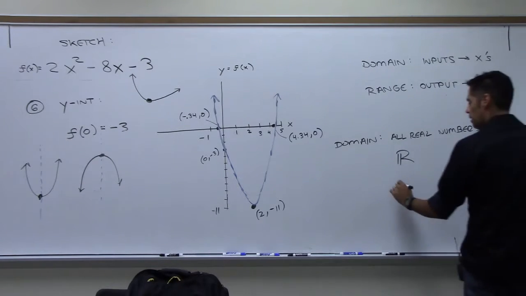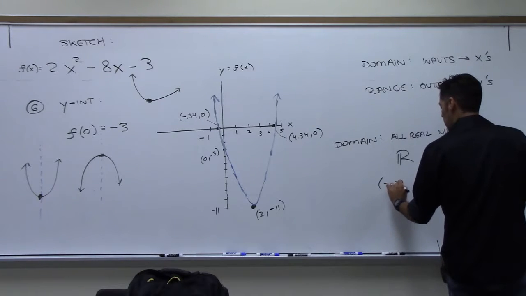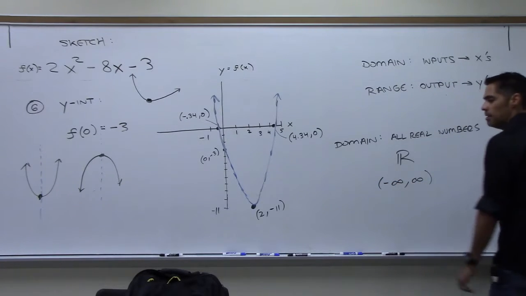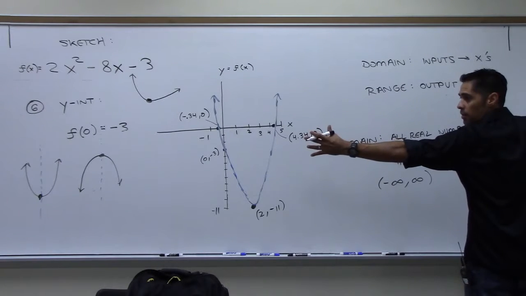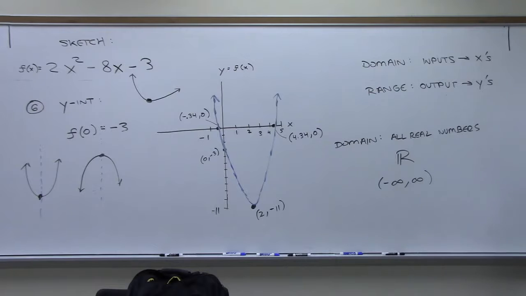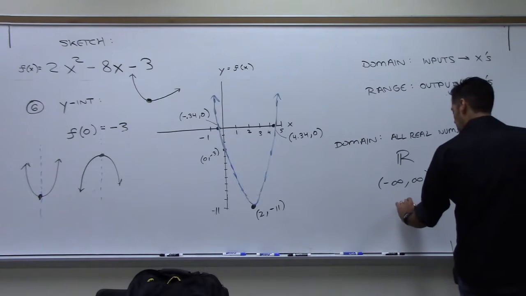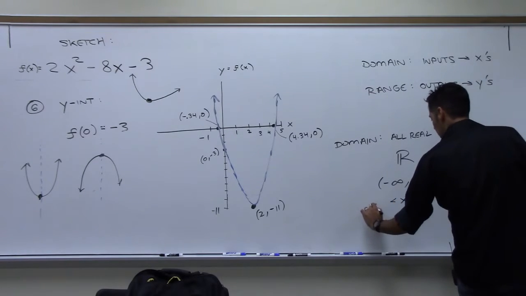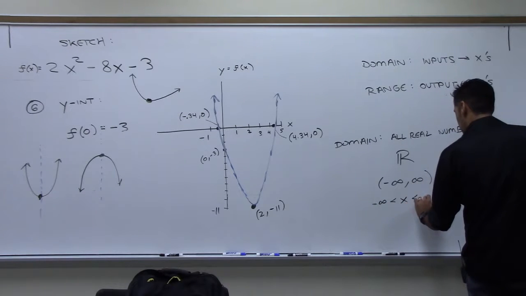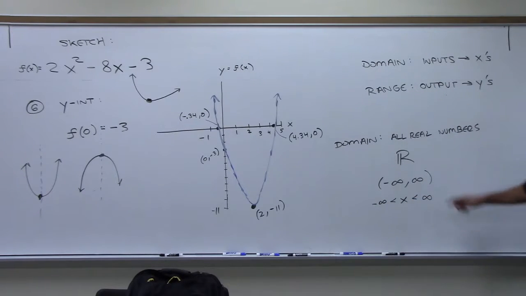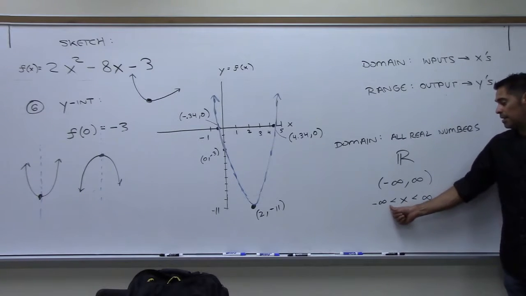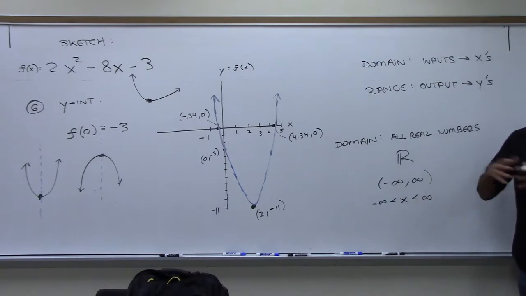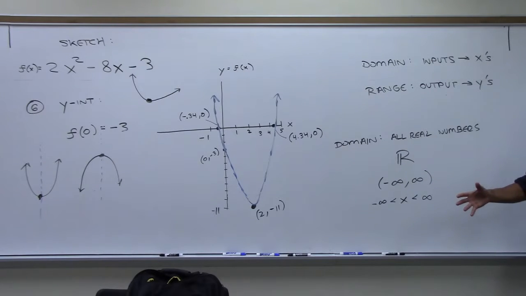Another way to write it is what's called interval notation, negative infinity to positive infinity, which means everything on the number line in both directions. And then you can also put x is greater than negative infinity, less than positive infinity. So this is almost the same thing, except you're saying that your x's that you can plug in can be bigger than negative infinity and less than positive infinity, which means everything. That's the domain for all parabolas.